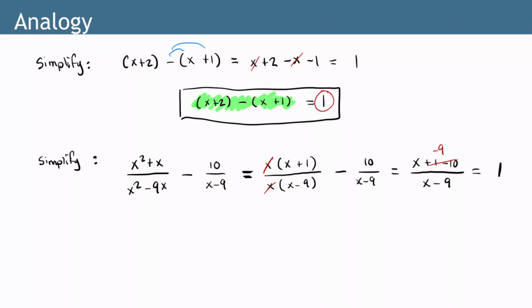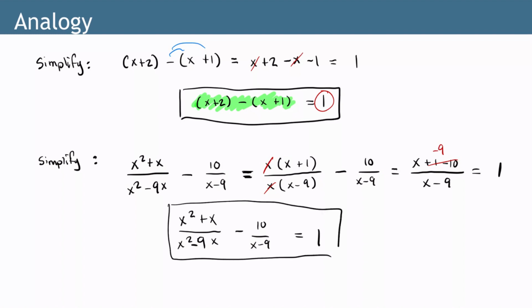So, in other words, anytime I see this expression, I know that it's equal to 1. If I was to ever see that left side there, I could technically just swap it out and replace it with 1.